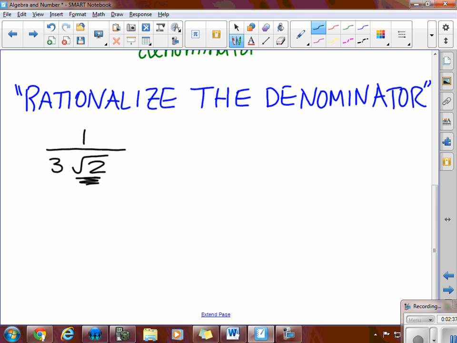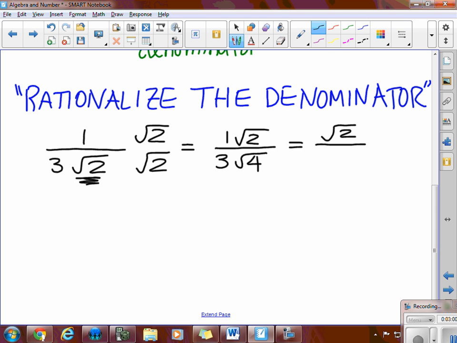If I multiply the top and bottom, because in a fraction, if I'm multiplying the denominator, I have to also do it to the numerator, by that root 2, what I have is 1 root 2 over 3 times the root of 4. And then if I simplify, 1 root 2 is simply root 2, and 3 times the square root of 4, which is 2, gives 3 times 2, so I get root 2 over 6.